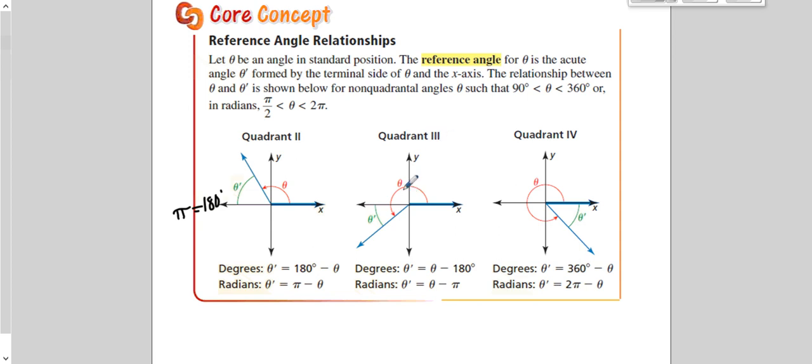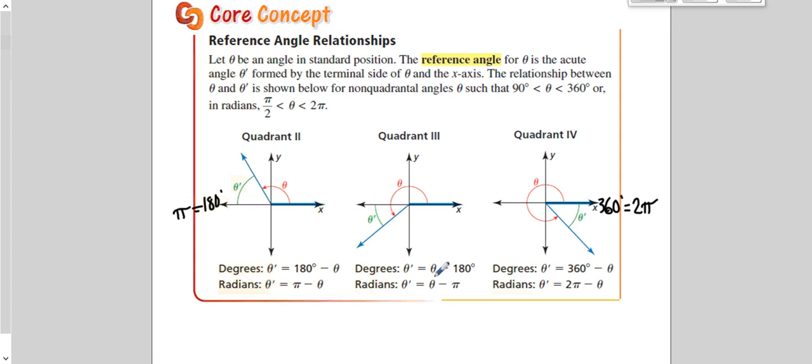If you're in quadrant 3, you're still comparing to 180 or pi, but you're doing the angle minus 180 or the angle minus pi. When you're in the fourth quadrant, you're going to do 360 minus the angle or 2 pi minus the angle, because all the way around is 360 degrees, which is equal to 2 pi.